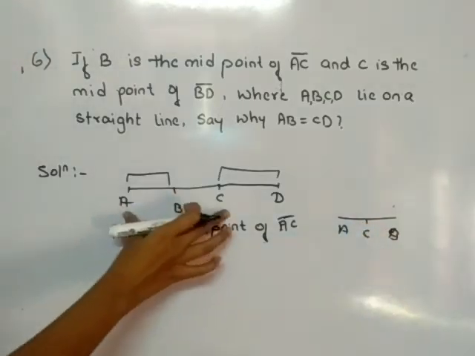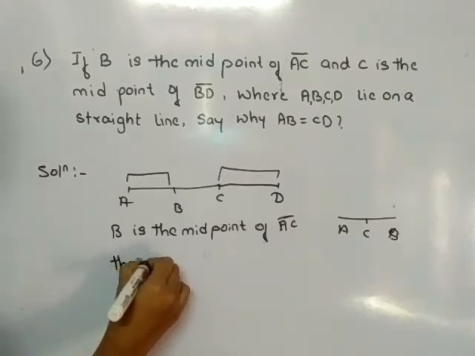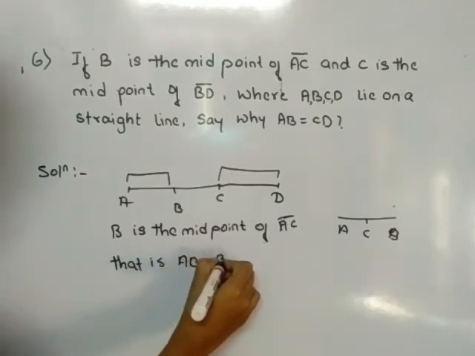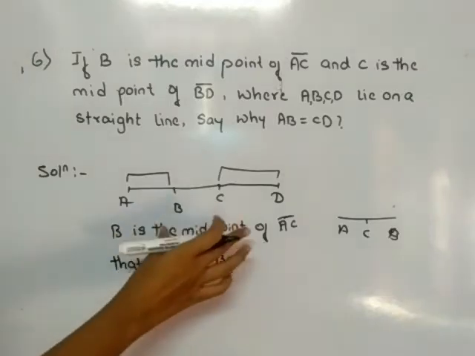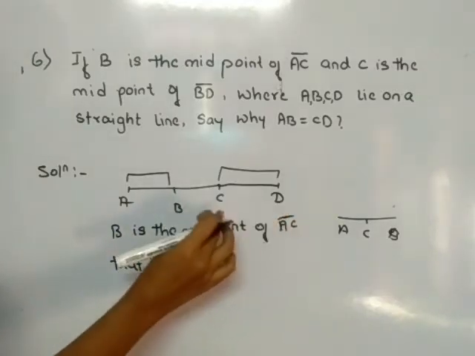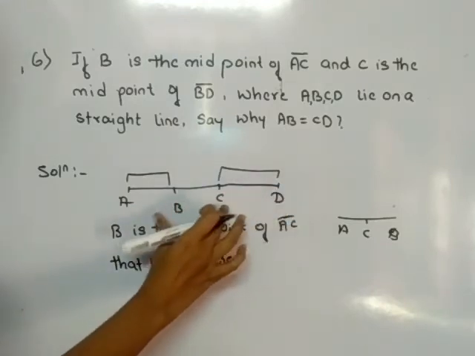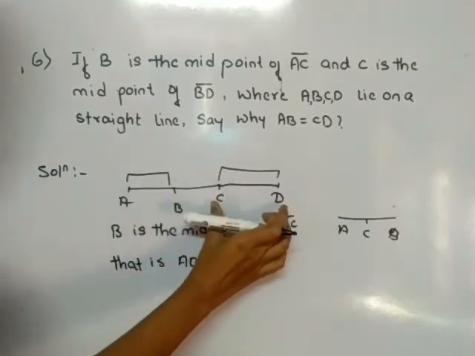Similarly here also, AB is equal to BC, right? And now we'll take this line segment here. C is the midpoint of BD, right? If C is the midpoint of BD, then BC will be equal to CD here.